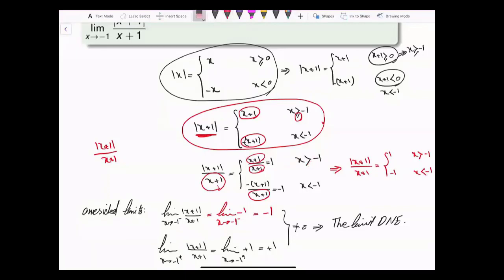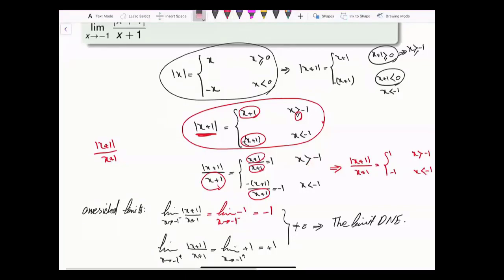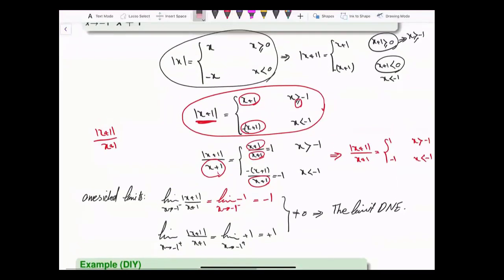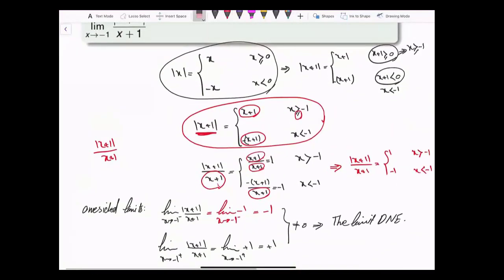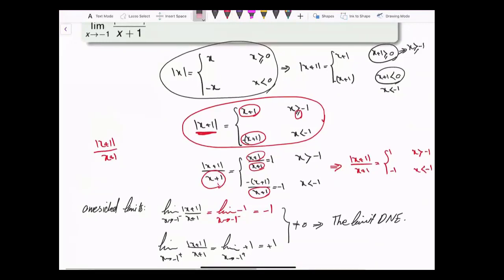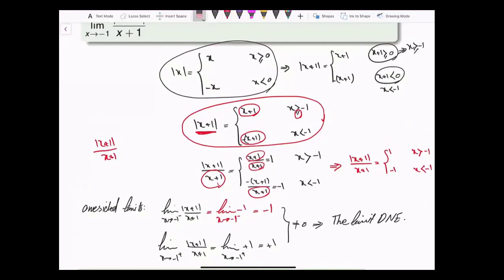That's why I exclude. Someone says they're confused how he got the values. So x plus 1 over x plus 1, you're dividing x plus 1 by itself, it is 1. You're dividing negative x minus 1 by x plus 1, canceling these two, you get negative 1.